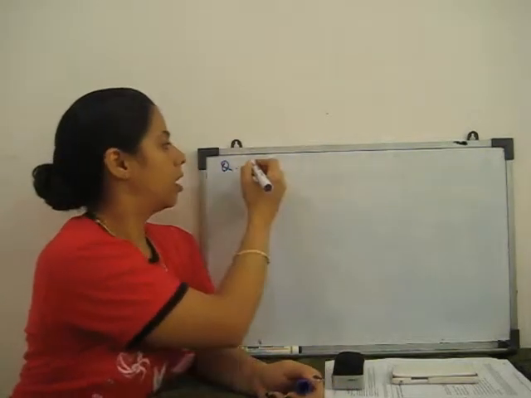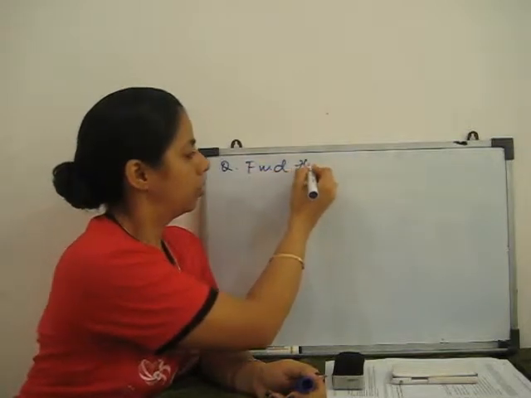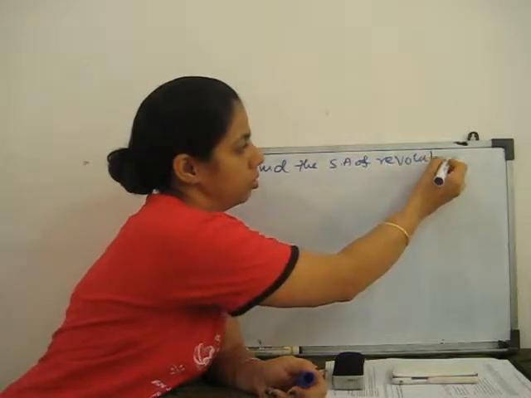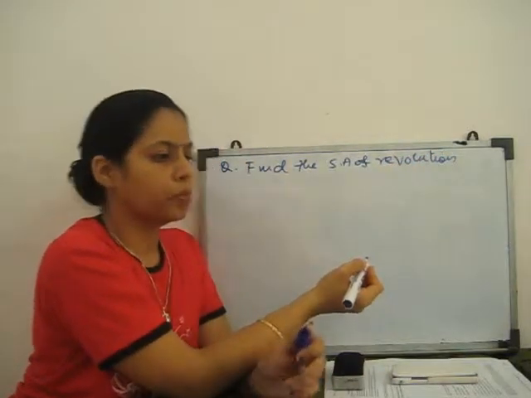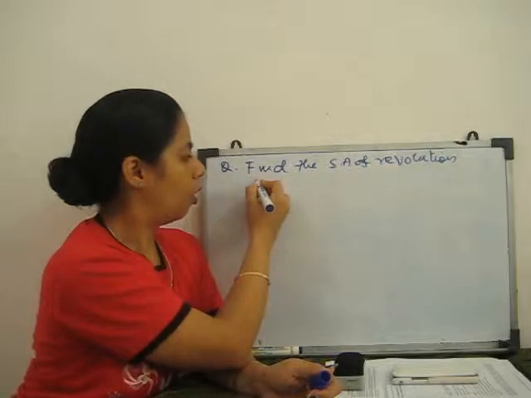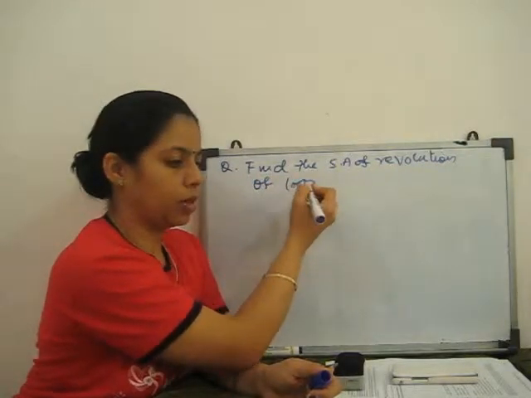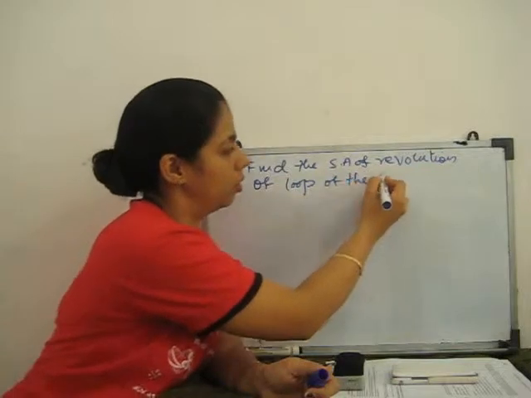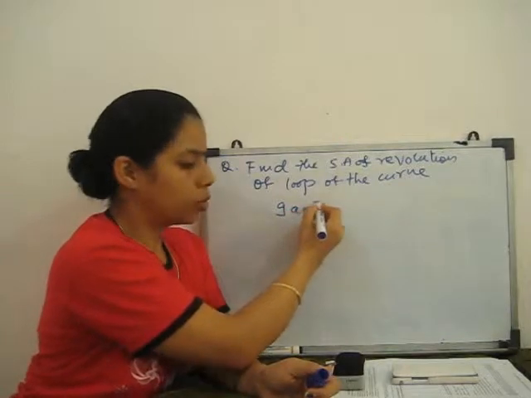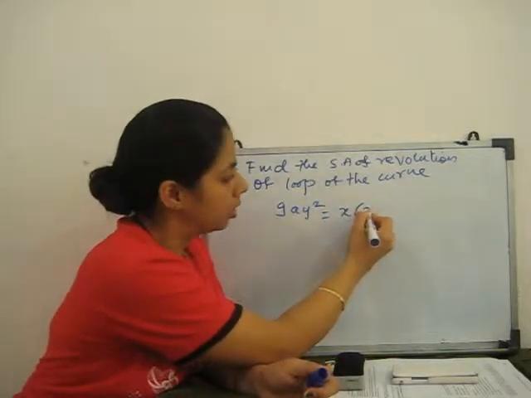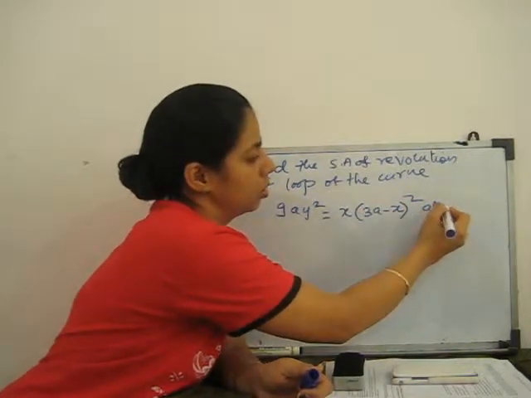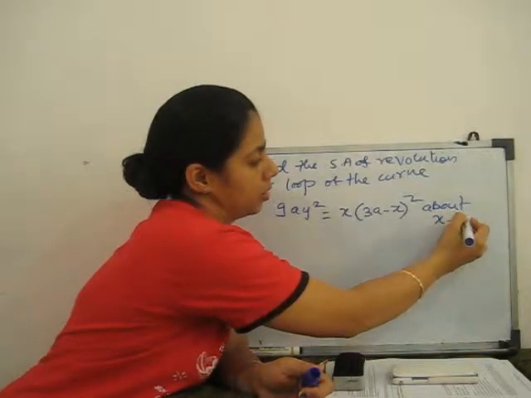Question is, find the surface area of revolution of the loop of the given curve 9a y square is equal to x (3a minus x) whole square about the x-axis.